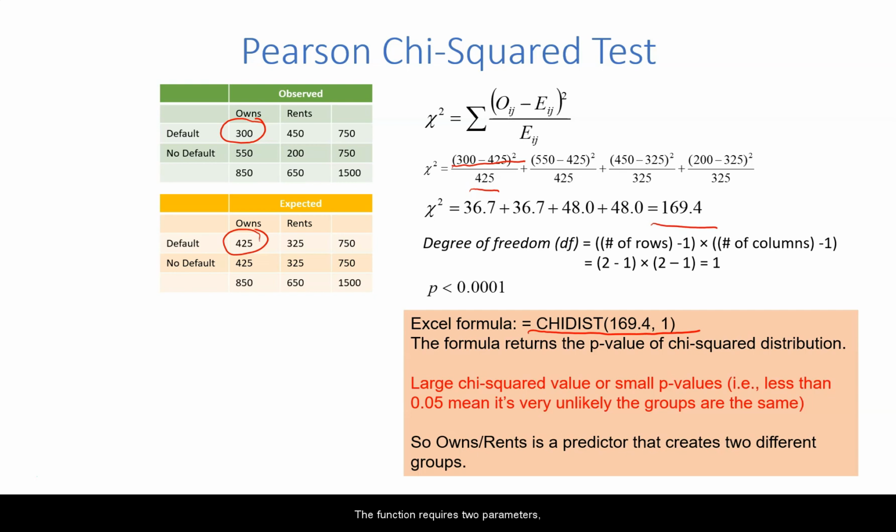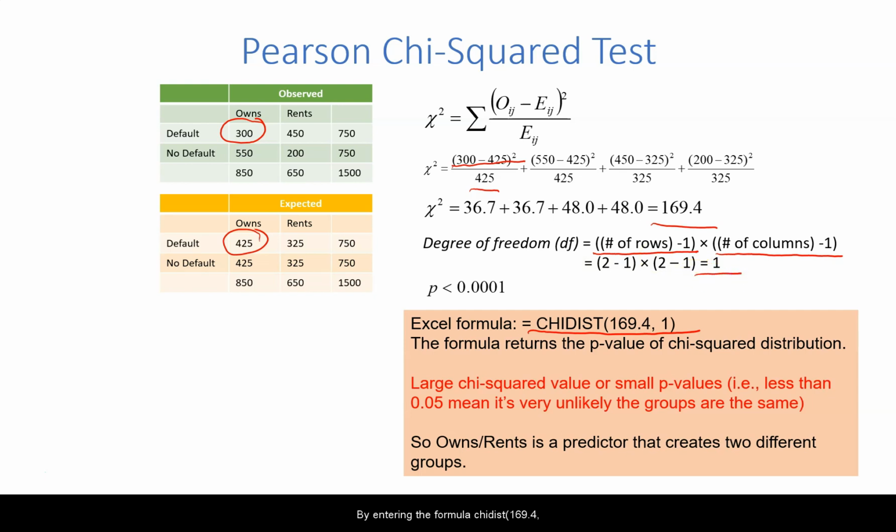The function requires two parameters. One is the chi-square statistic, which is 169.4 in this case, and the other is the degree of freedom. The degree of freedom is computed as the number of rows minus 1 multiplied by the number of columns minus 1. In this case, there are 2 rows and 2 columns in the contingency table, so the degree of freedom is 1.